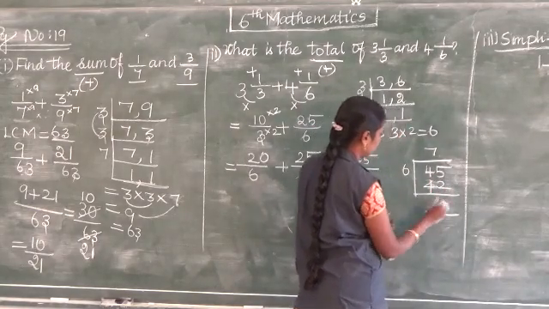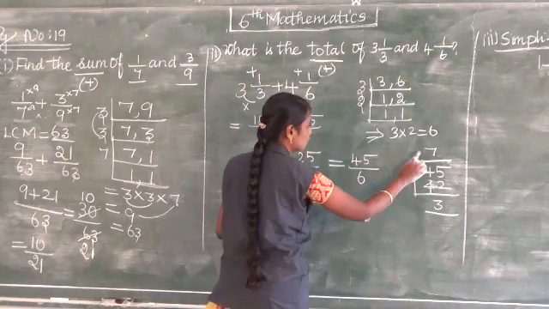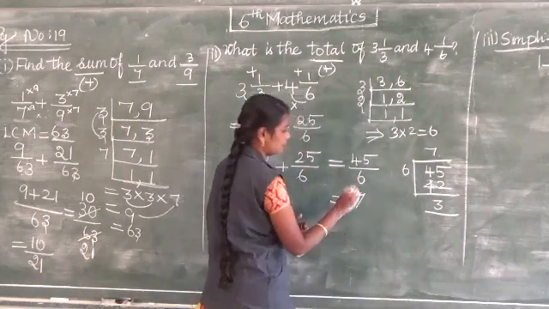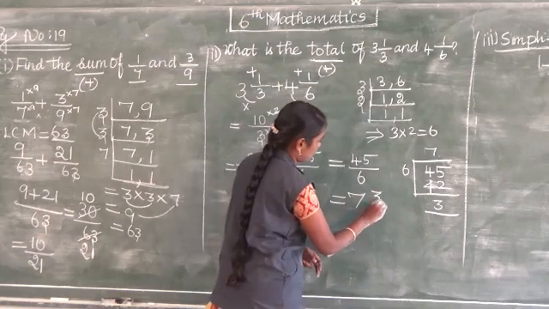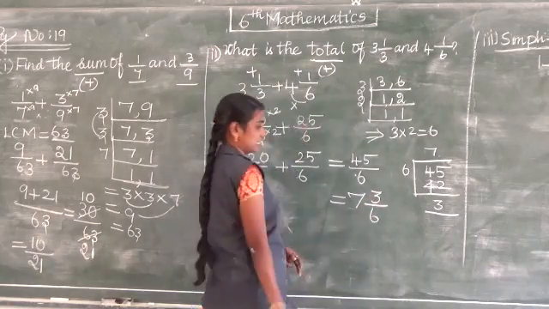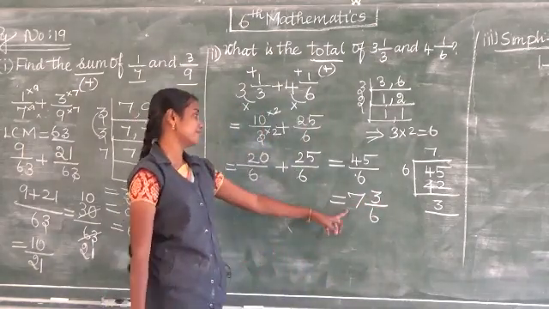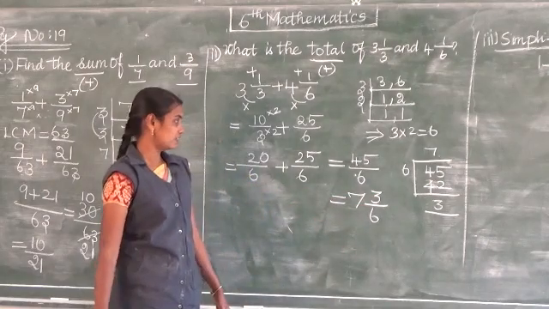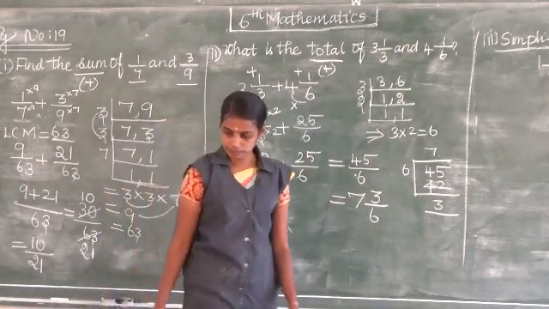Remainder is 3. So the quotient write as the whole number, remainder write on top, denominator write as it is. So the answer is 7 3 by 6.